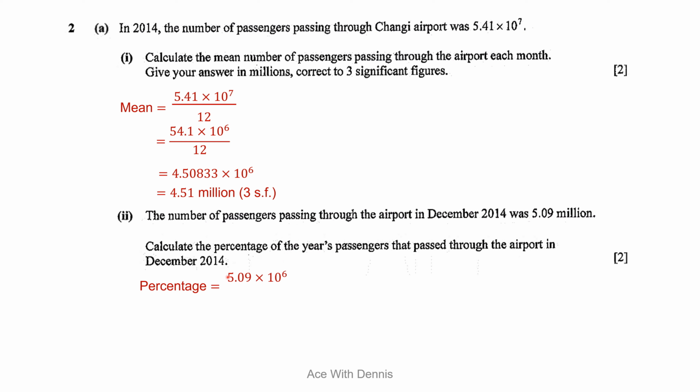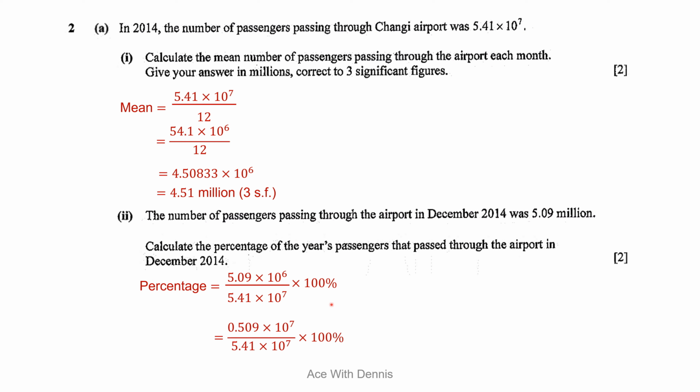So this is the number of passengers in December, which is 5.09 million, or times 10 to the power 6, divided by the total passengers in that year, which is 5.41 times 10 to the power 7. And of course, we need to multiply by 100%, because we need to leave the answer as a percentage, right?